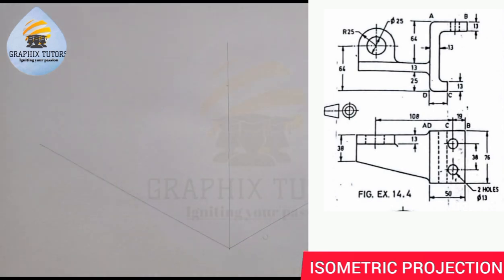You can see that. And the entire length from here to here is 108 plus 19, then plus 25. That taken out will give us 152, right? How did I get the 25?